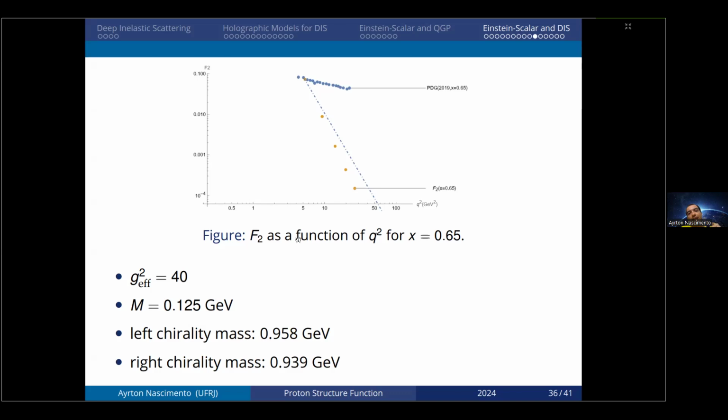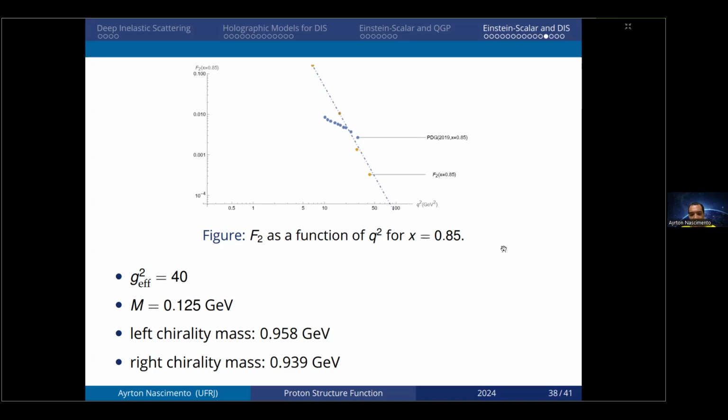So I get this result for 0.65. And when I do the same for 0.75, I get this result. And the best one that I found was for 0.85. With these parameters, I get these results, and this is the best one.